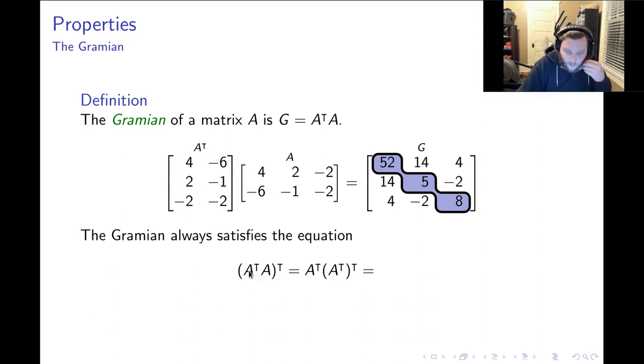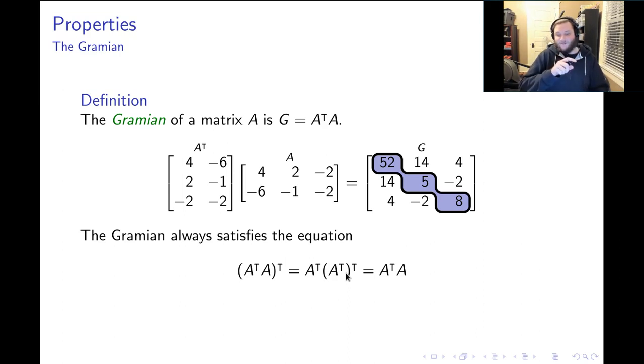So here, we're reversing the order of A transpose and A in the parentheses, and then tacking on a transpose. So now we get A transposed multiplied by A double transpose. But remember, transposition is also an involution, which means that the double transpose is equal to itself. So now we're looking at just A transpose times A, which is the Gramian.